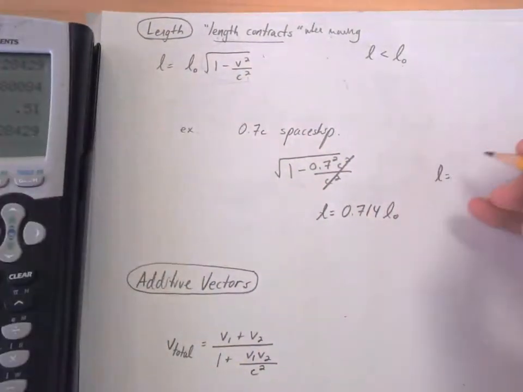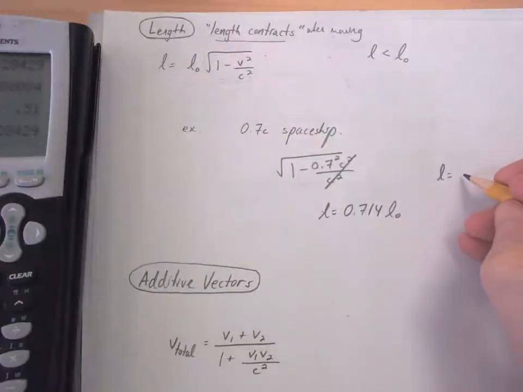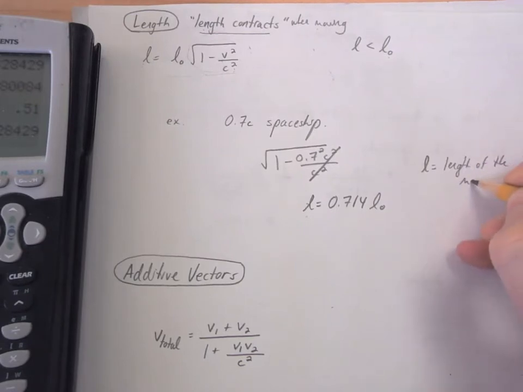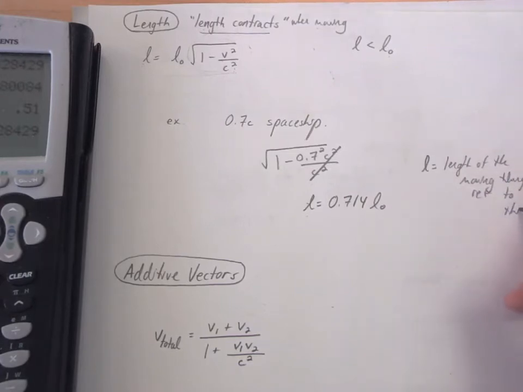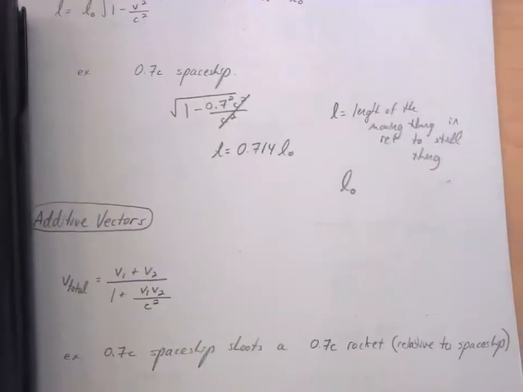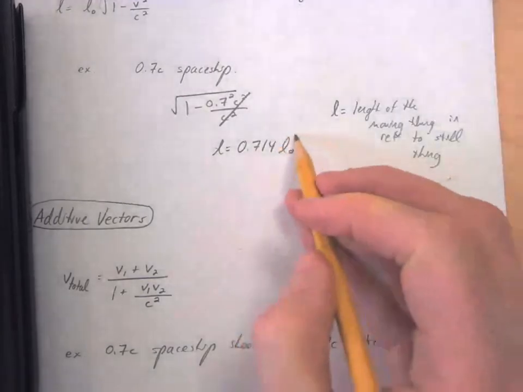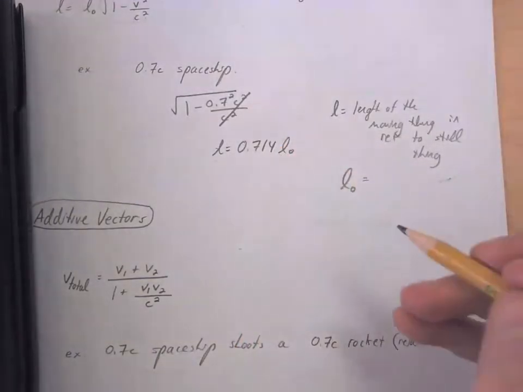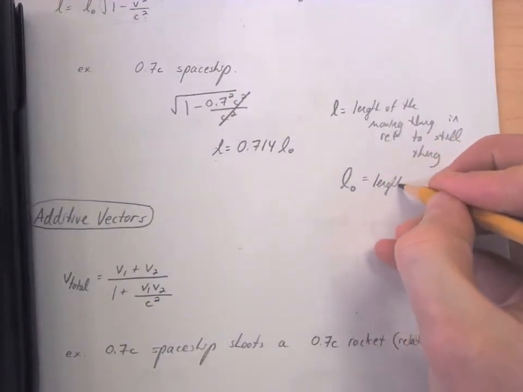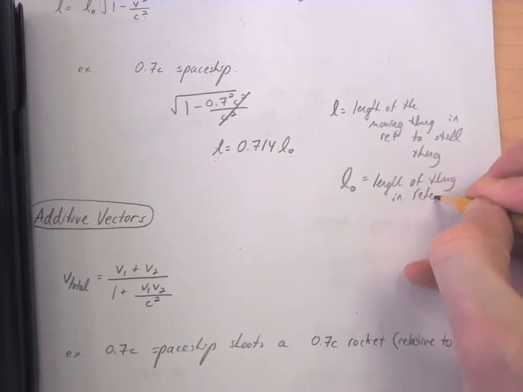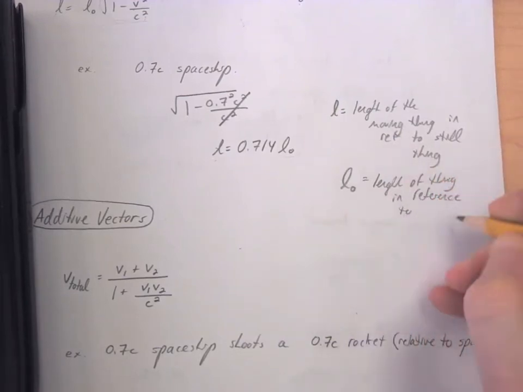L is the contracted length, or the length of the moving thing in reference to a still thing, while L naught is the original length when it was not moving, or the length of the thing in reference to itself.